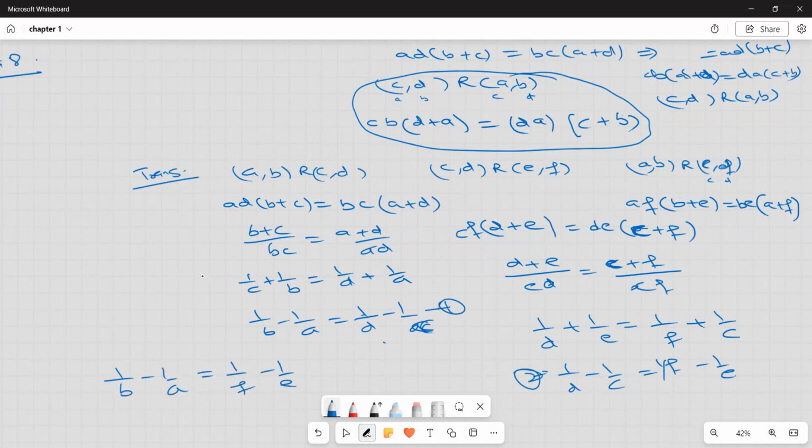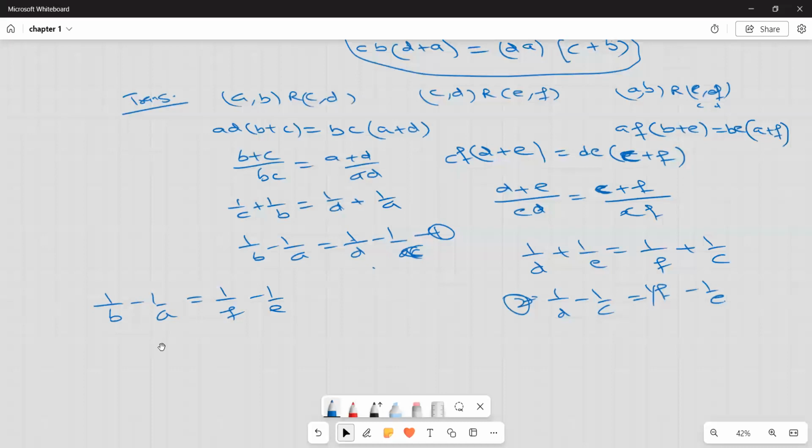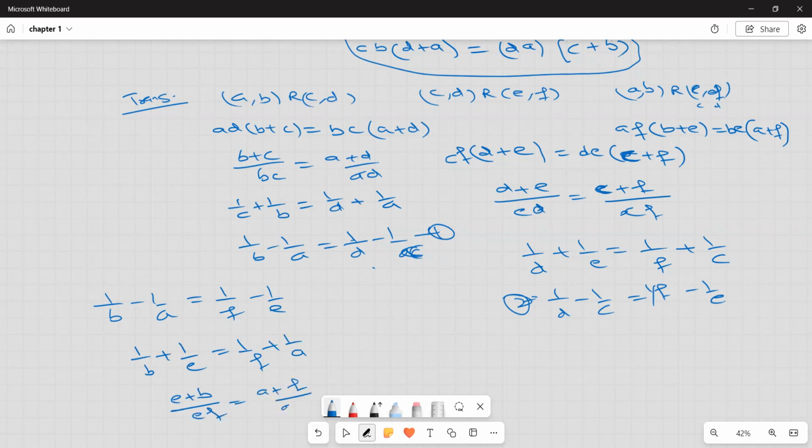Take the LCM and again exchange them. So from here I am getting 1 by B plus 1 by E is equal to 1 by F plus 1 by A. So that is E plus B by BE is equal to A plus F by AF.